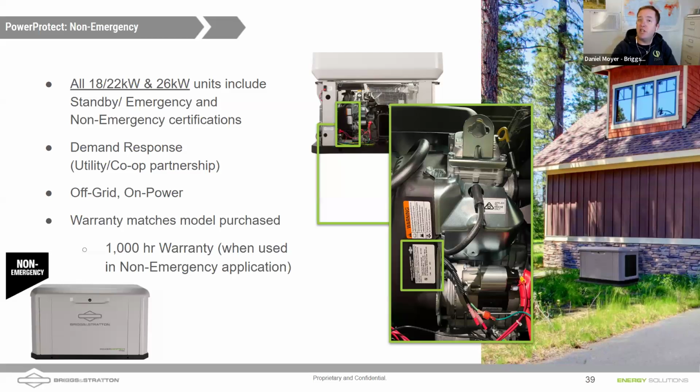And they do change the warranty a little bit. It goes to a 1,000-hour warranty runtime, as opposed to the year warranties that you would see on some of the other ones. So absolutely, these also can be used in demand response, where the utility can actually tell these things to start up as well. Next slide, please.